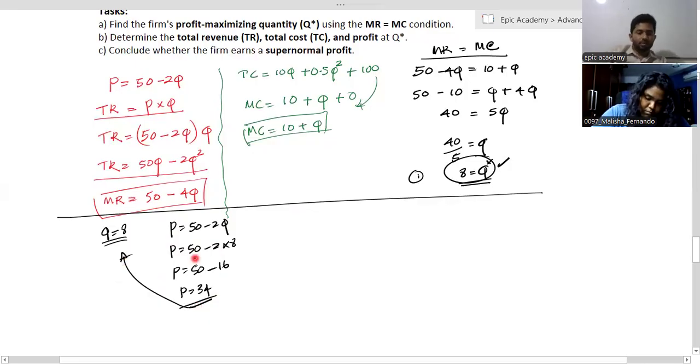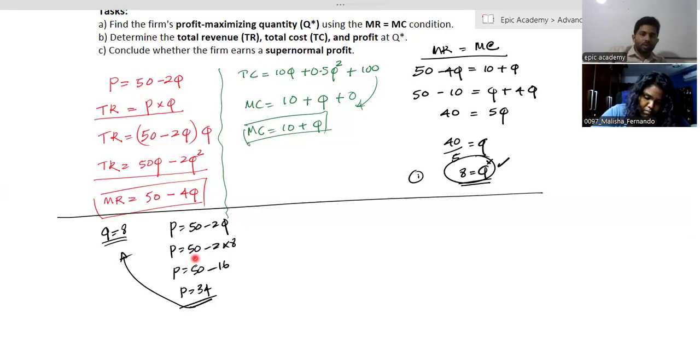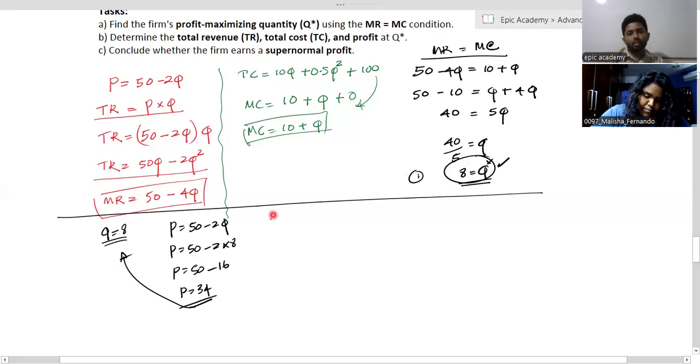So now you got the profit maximizing quantity and profit maximizing price. Then you can calculate the TR, which is well known as P multiplied by Q. P is 34, Q is 8. Then 34 multiplied by 8. TR becomes 272.